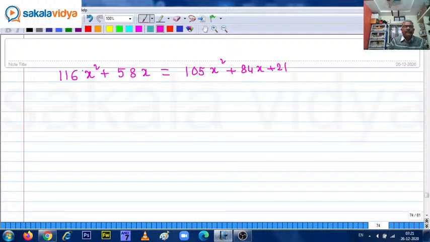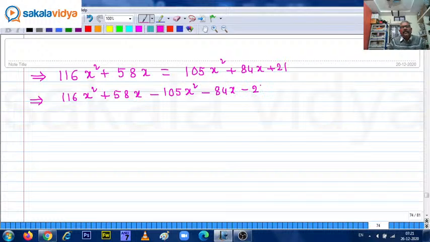So bring all these terms to this side, the left hand side. Very good, Arjun. Now 116x square plus 58x minus 105x square minus 84x minus 21 equals 0.